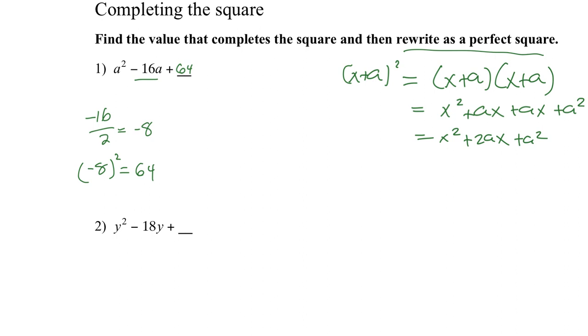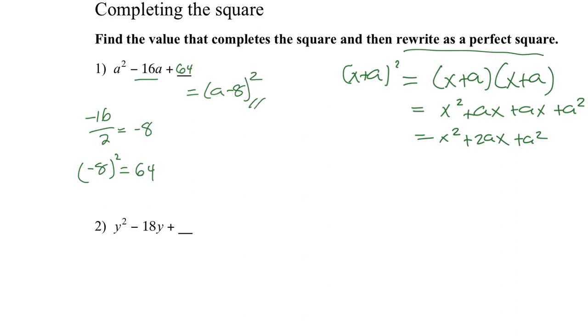First of all, is a, and then the number that I divided by 2, remember that we have the 2a, so if I divide this by 2, it's the a. That's the number that I include here, minus 8, squared, and that's it.